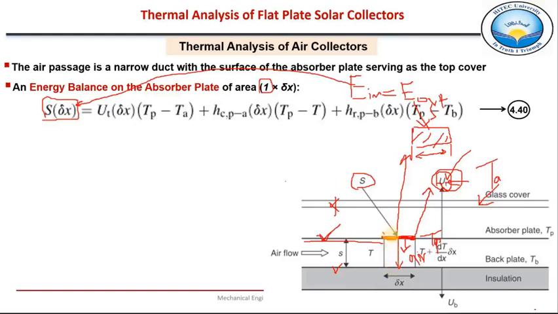So between these two surfaces there will be a heat exchange due to radiation. That is written here. So HR, radiative heat transfer coefficient from this plate to back plate, P to B, into the area, which is the same, del X into 1, and due to this temperature difference, TP minus TB, that temperature difference will derive this radiation heat transfer, right?